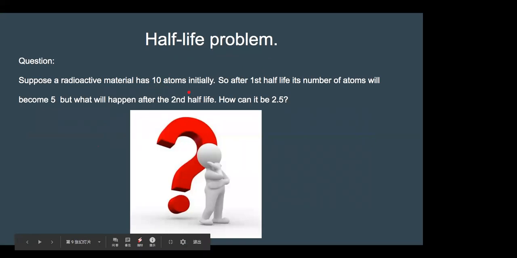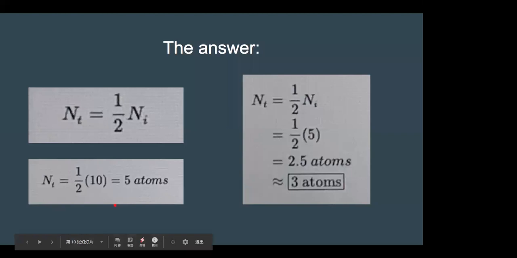items. When the first half-life has passed, the remaining mass is half of the original, which is Nt equal to 1/2 times 10 equal to 5 items.